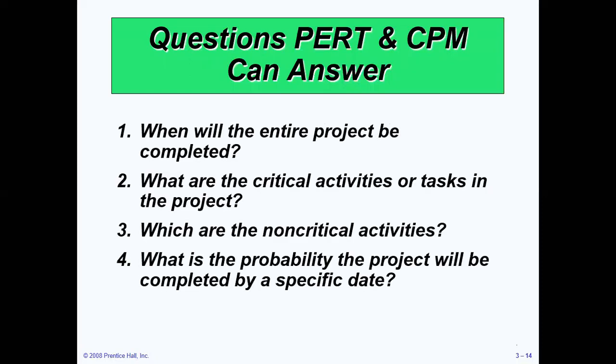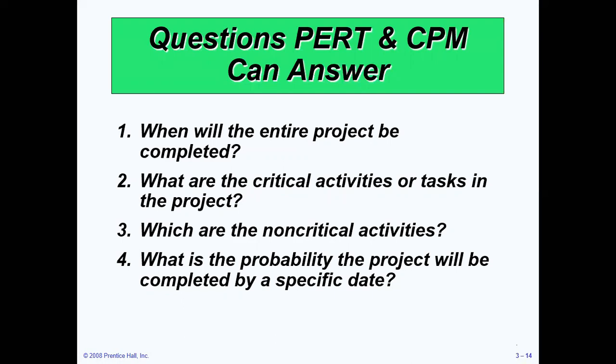There are certain questions that PERT and CPM can answer. The first one is, when will the entire project be completed? CPM and PERT are the techniques through which we can determine the starting and the ending time of the entire project. The second is, what are the critical activities or tasks in a project?